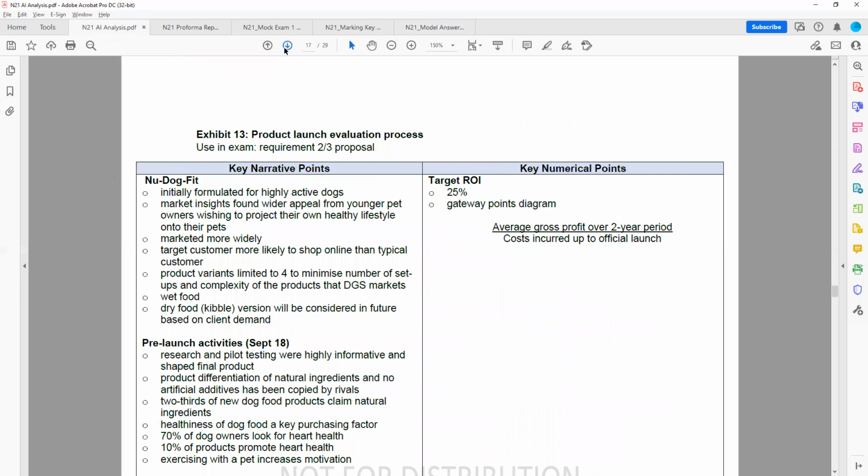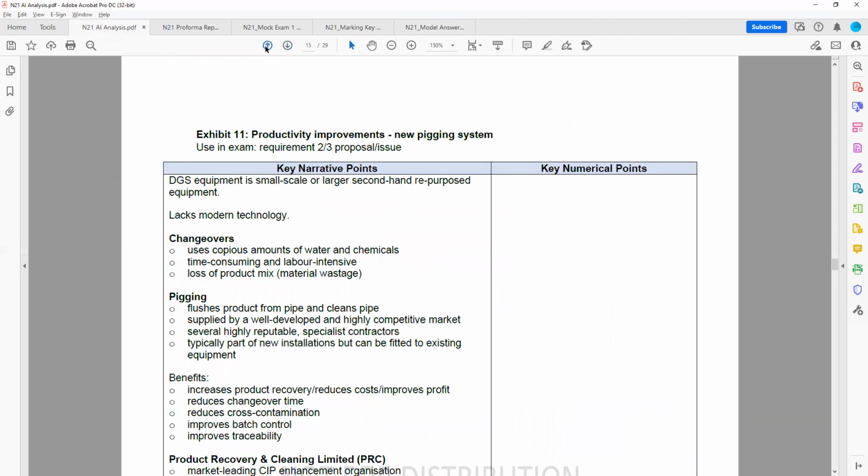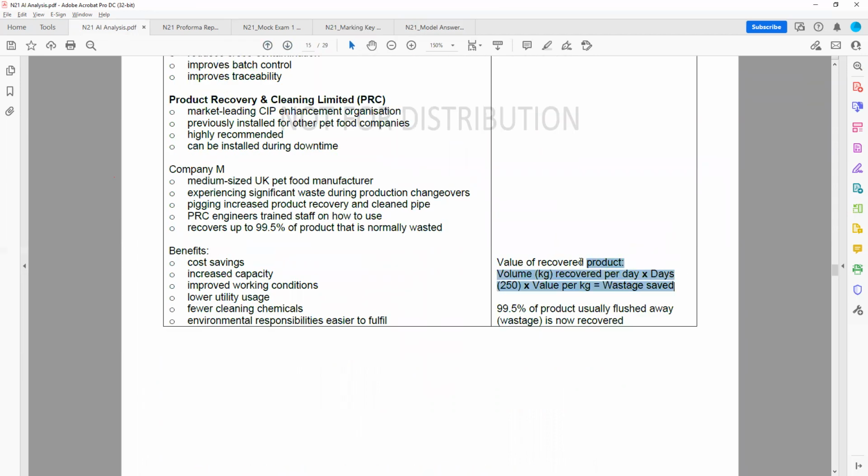For example, there was quite a lot mentioning DGS getting that new pigging equipment, and therefore that could have been a potential requirement 2 or requirement 3, but it didn't really come up in much detail, even though we were told how much they could potentially save from it in terms of product. And therefore we had a mock exam question on it. So possibly there. Not in the exam paper though.